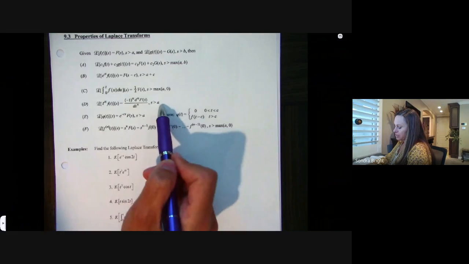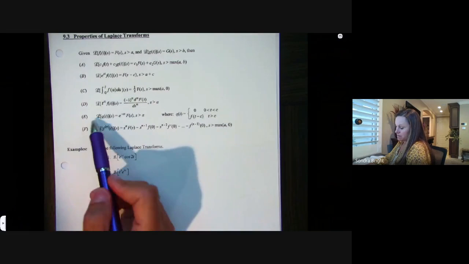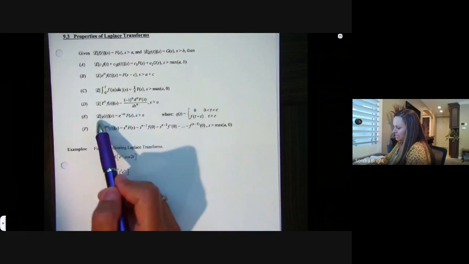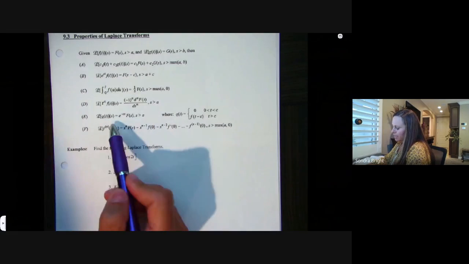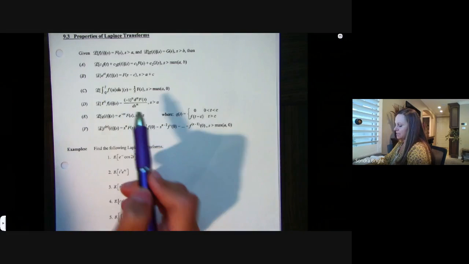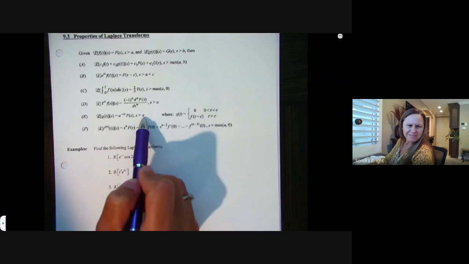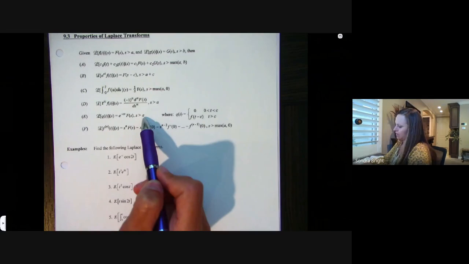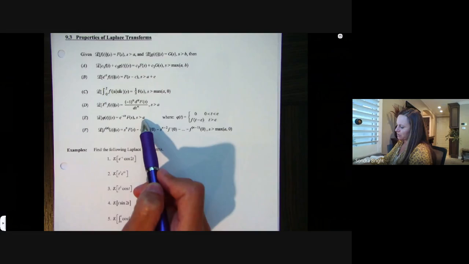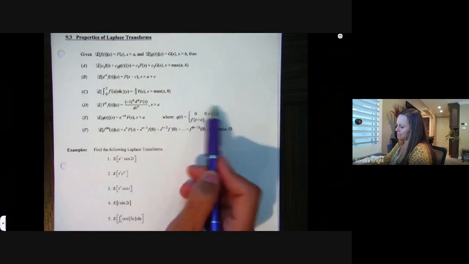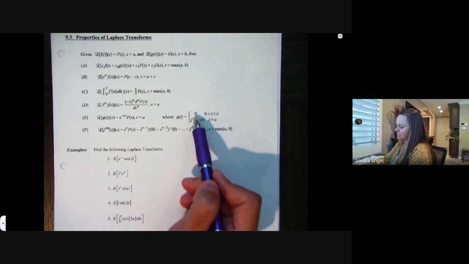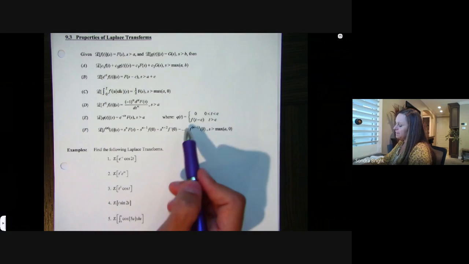We have the Laplace transform of q of t is equal to e to the negative cs times big F of s for s greater than a. Where the heck did q come in, right? Well, q of t is this piecewise function: it's 0 when t is between 0 and c, and f of t minus c for when t is greater than c.